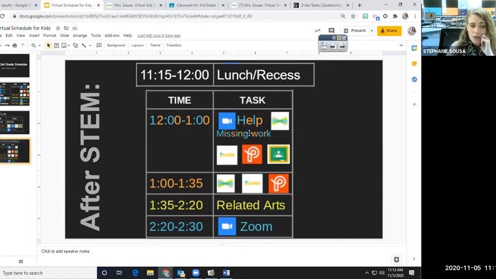If you get done early, you will be working on Zern for 15 minutes. If you finish Zern, you will spend the rest of your time on Prodigy. Okay? Please remember you are still in school during this time. It is not free time for games or other activities. You are still expected to be engaged in solving math problems on Seesaw, Zern, or Prodigy.